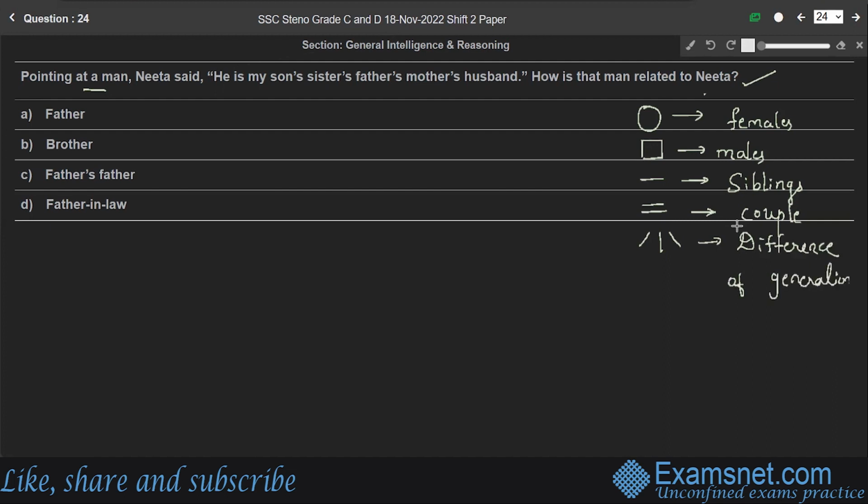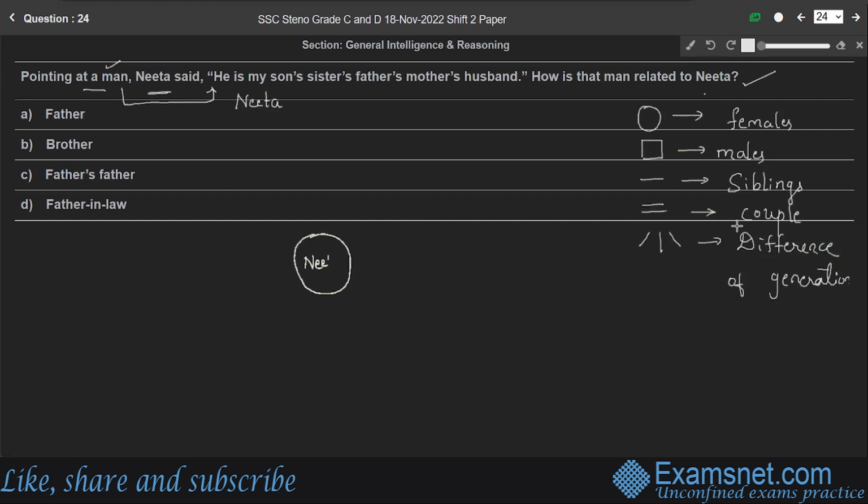Coming to the point, pointing at a man, Neeta said, he is my son's, meaning Neeta's son's. Therefore, we'll consider Neeta here. Use a circular symbol for Neeta.